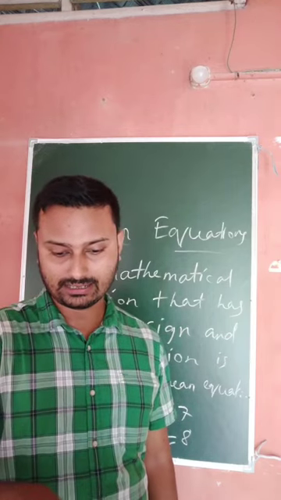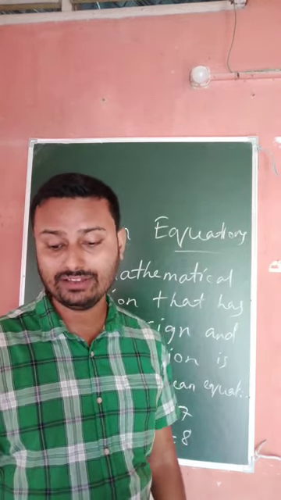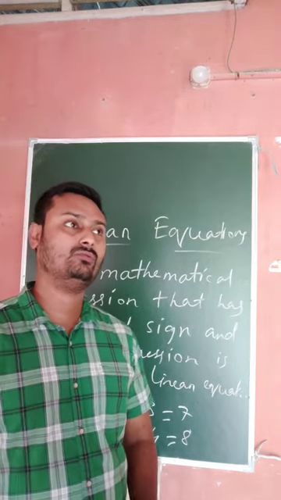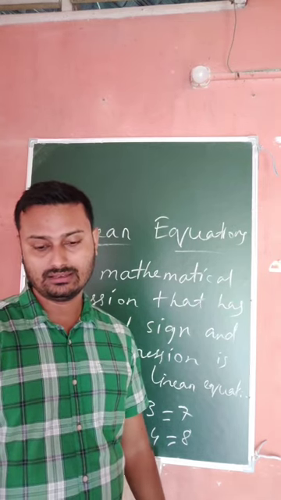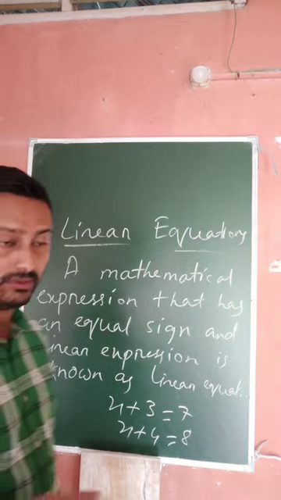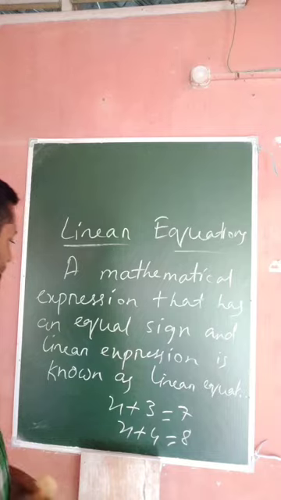Another important part: an equation with one variable is known as a linear equation in one variable. Sometimes a 1-mark question will ask what you mean by linear equation in one variable. That means a linear equation having one variable.